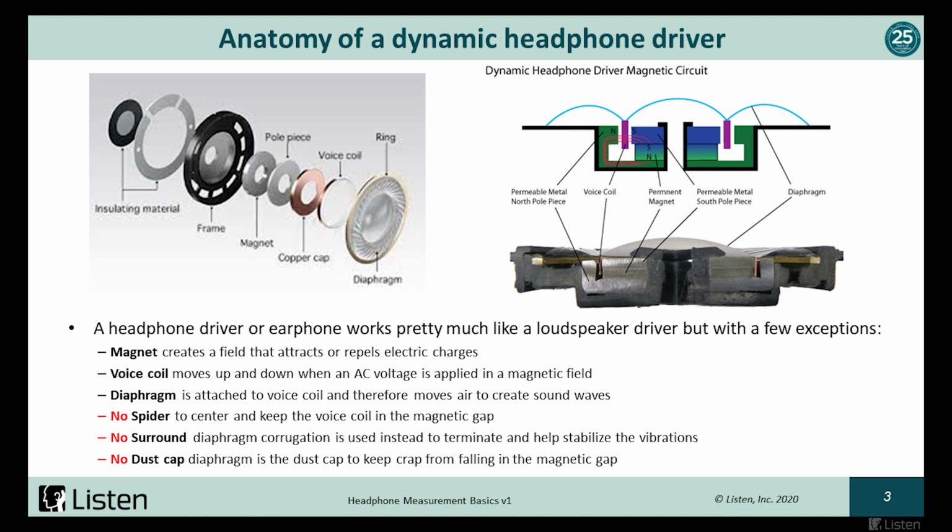And there generally is no dust cap to keep small particles from falling in the magnetic gap. The diaphragm is typically part of the dust cap, if you want to put it that way. But one of the things that happens, unlike with conventional speakers with dust caps, where you can have soft domes, typically the diaphragm in a headphone speaker is quite rigid.